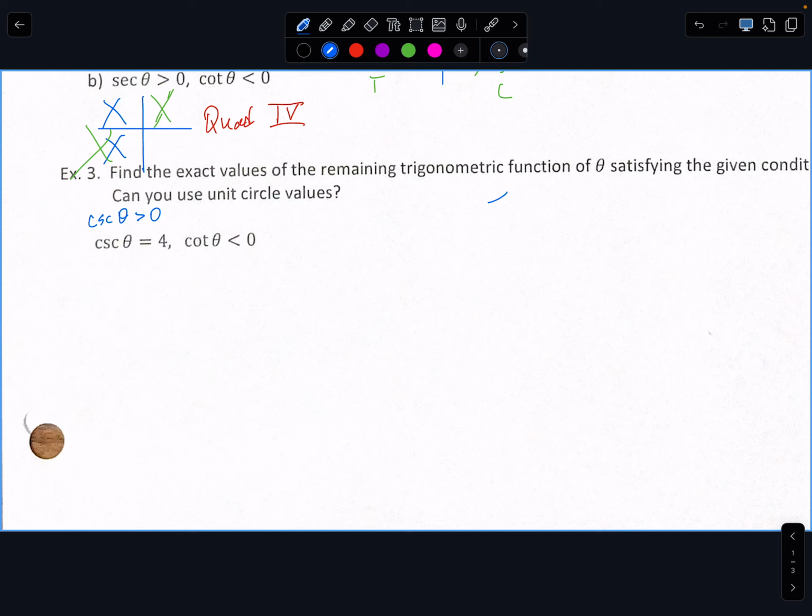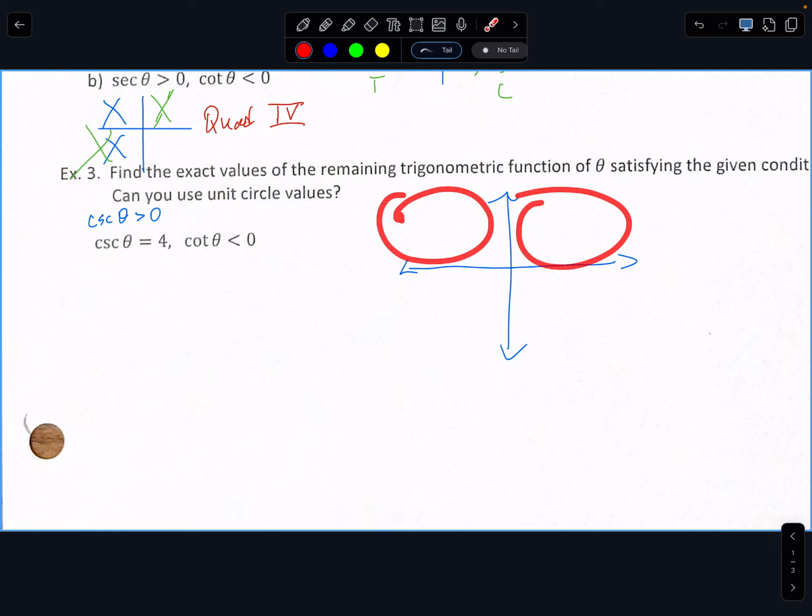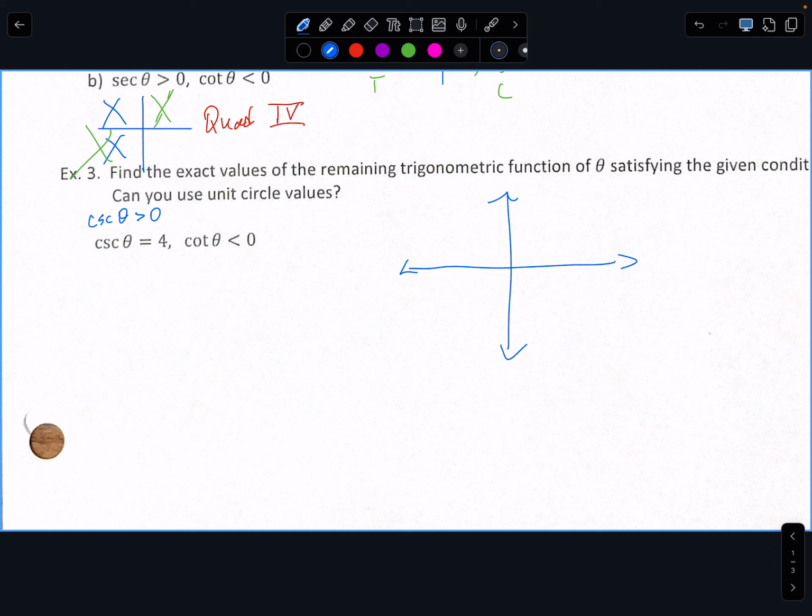And so these two pieces of information are going to drive me to which quadrant I am landing in. The cosecant being 4 is saying it is positive. Cosecant's the reciprocal of sine, and sine is positive in 1 and 2. And so therefore, we can eliminate 3 and 4.